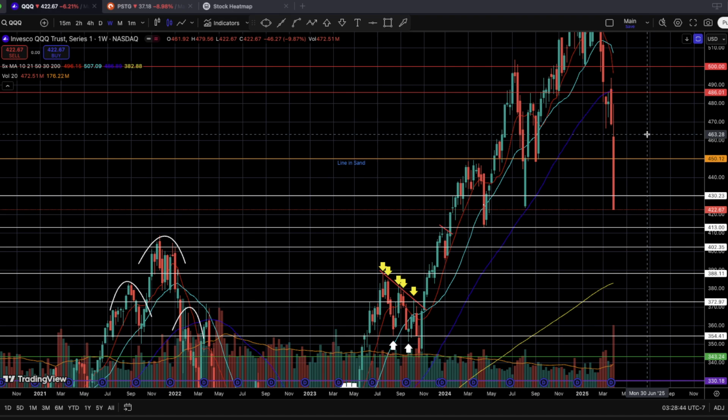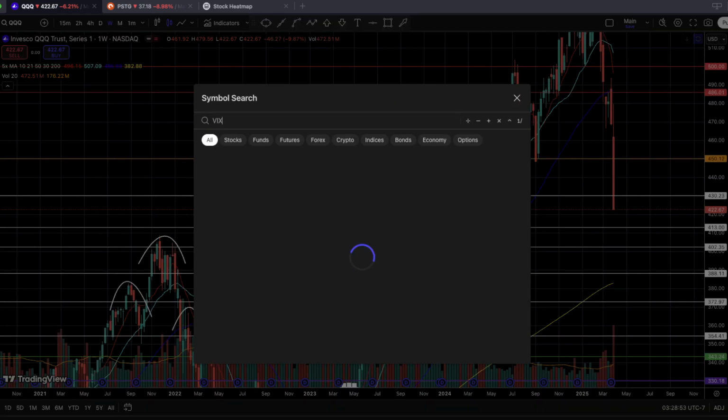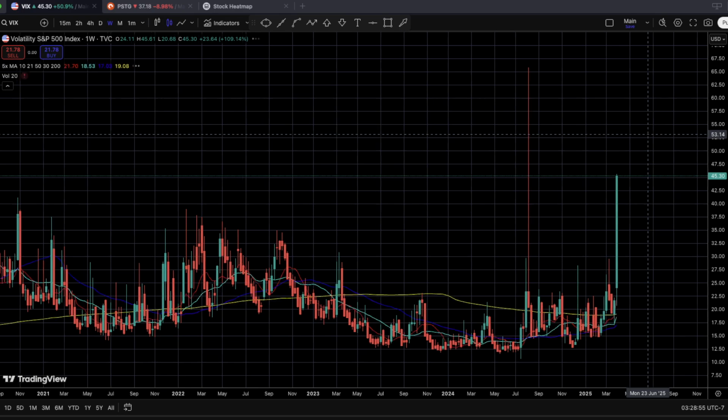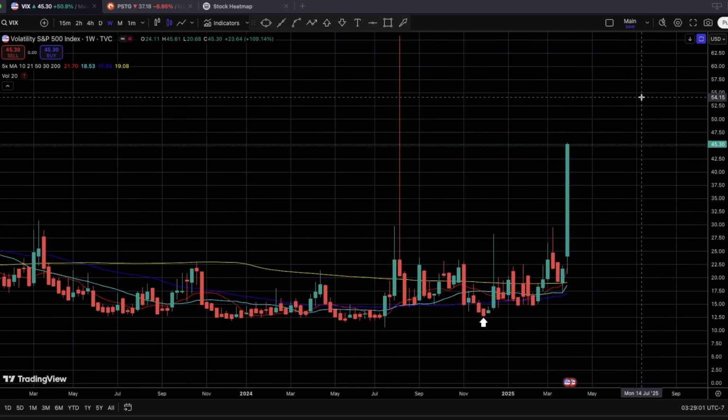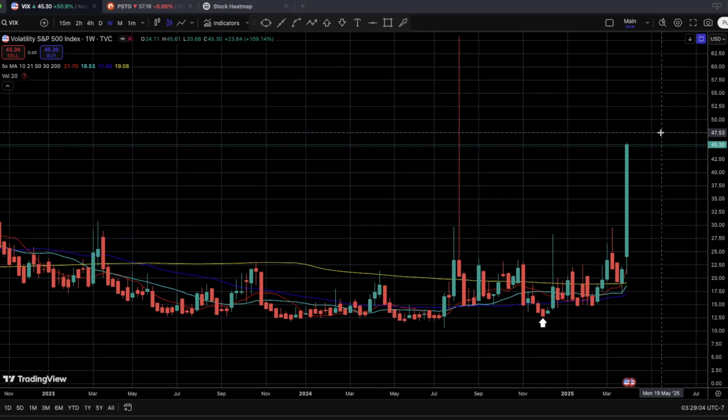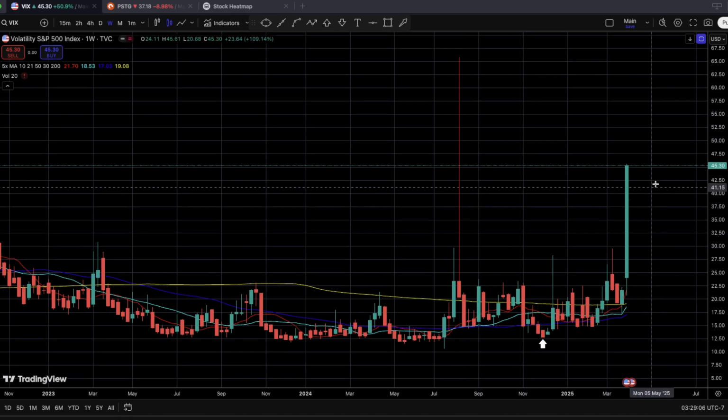Now, before we move on to the official swing trade idea for this week, well, it could be a day trade idea as well, and I'll explain why soon, let's take a look at VIX. So this is the mother of all candlesticks in the most recent weeks on this weekly time frame.